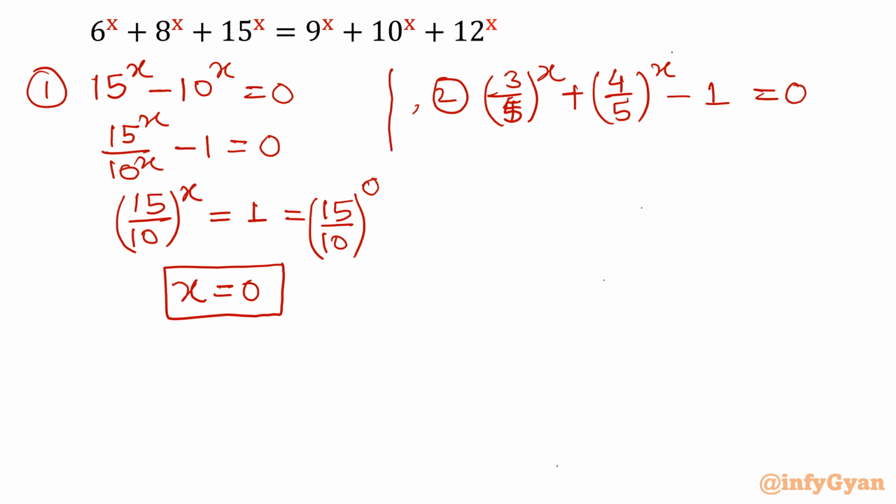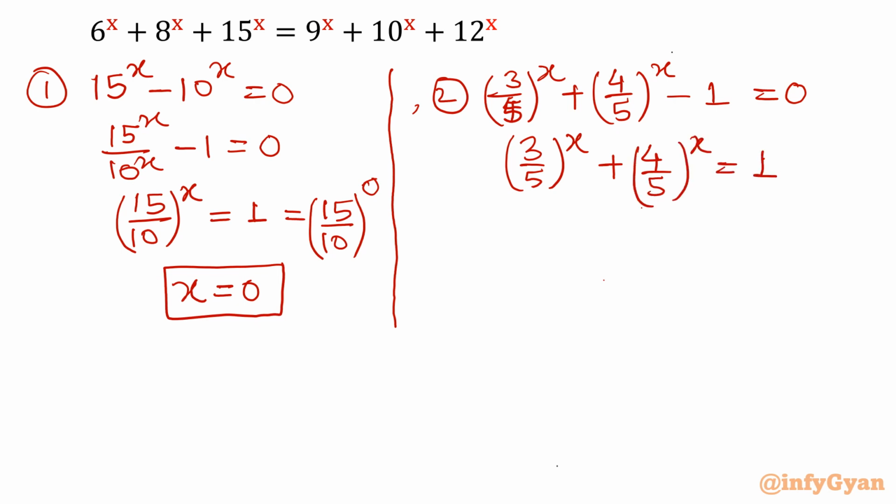Now come to the second solution. So (3 over 5)^x plus (4 over 5)^x, let me take 1 to the right, so take away 1 from both sides, equal to 1. Now it is directly visible x equal to 2 is our solution.